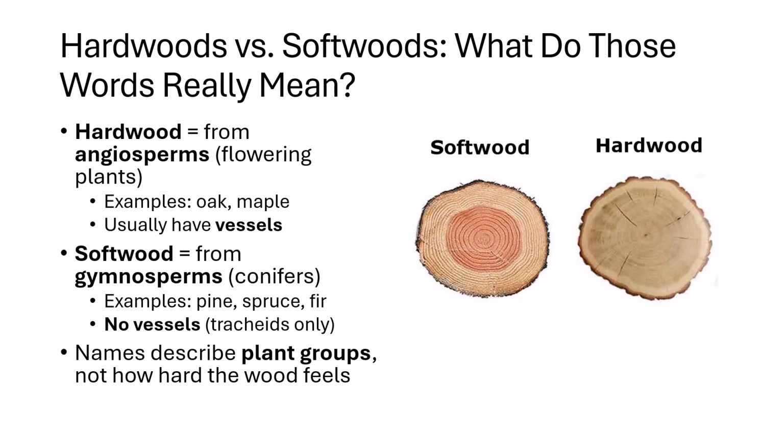When people hear the words hardwood and softwood, they usually think it means one wood is hard and the other is soft. But in botany, those terms actually describe what kind of plant the wood comes from, not how hard it is. Hardwoods come from angiosperms, which are flowering plants like oak and maple. These woods usually have vessels or are porous, which you've been looking for in the ring porous and diffuse porous samples.